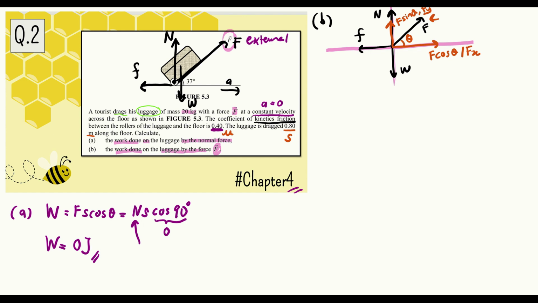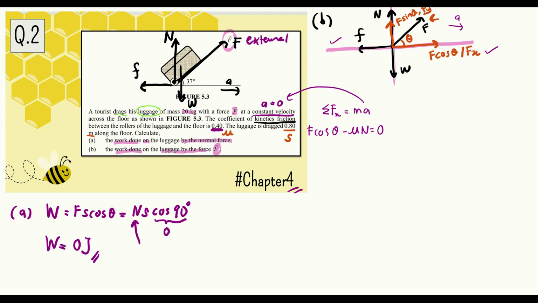To solve this question, first we use the forces in the x component: summation of Fx equals ma. For the x component, we have F cos theta minus mu N is equal to 0, as we mentioned previously that the acceleration is equal to 0.